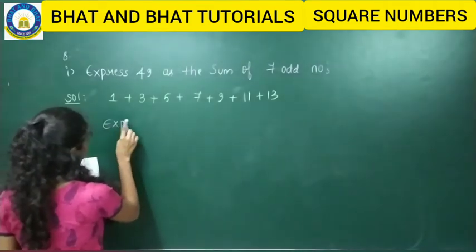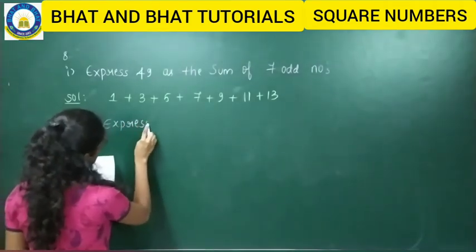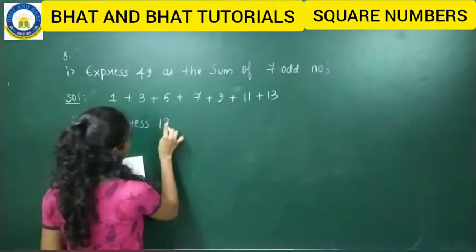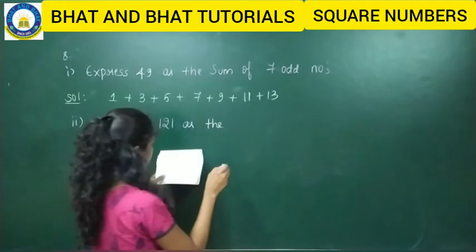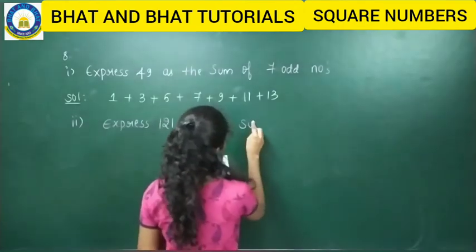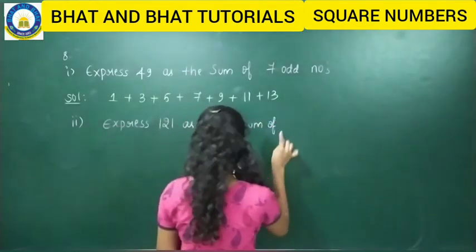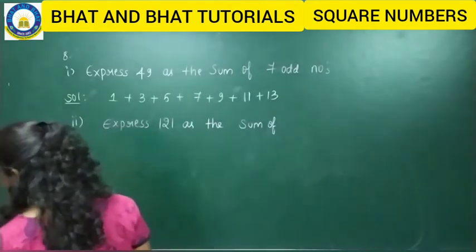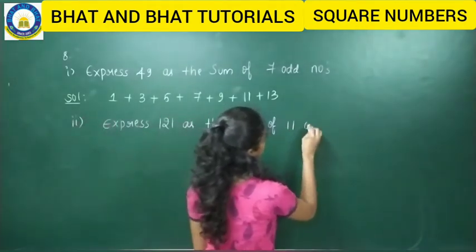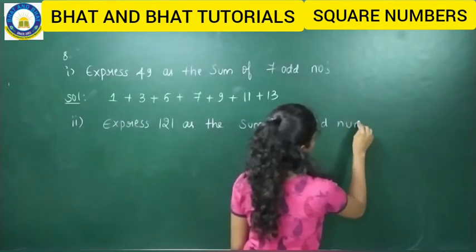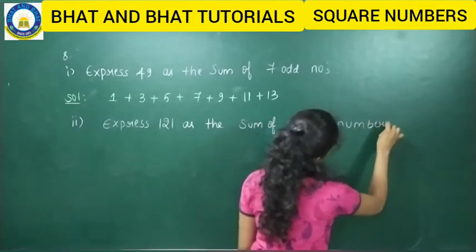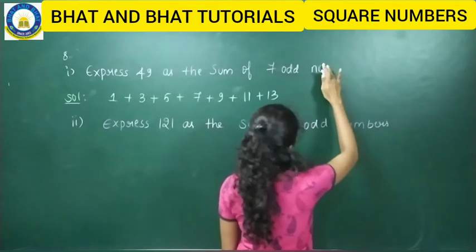Express 121 as the sum of 11 odd numbers. So here it is numbers, okay?